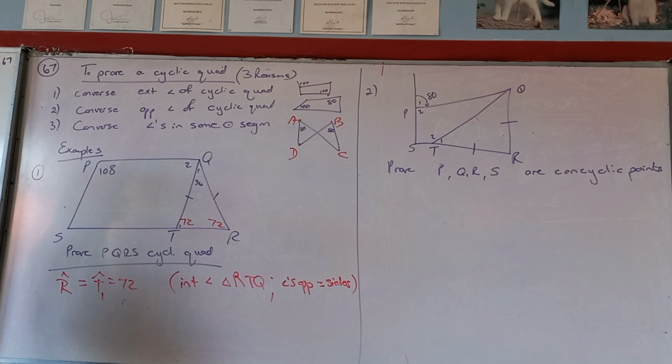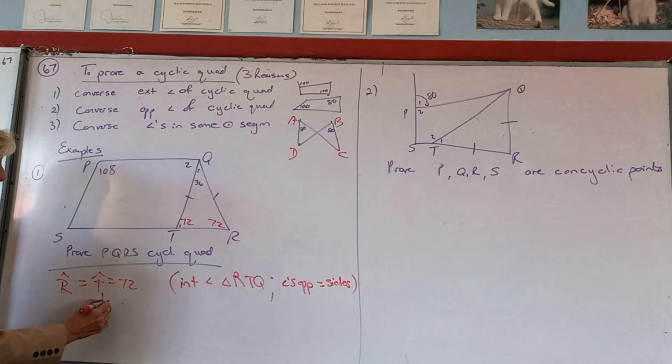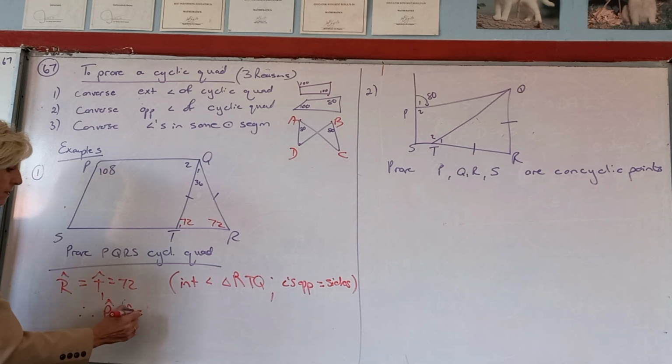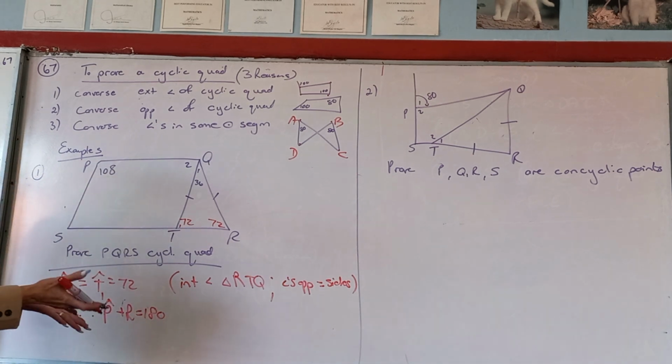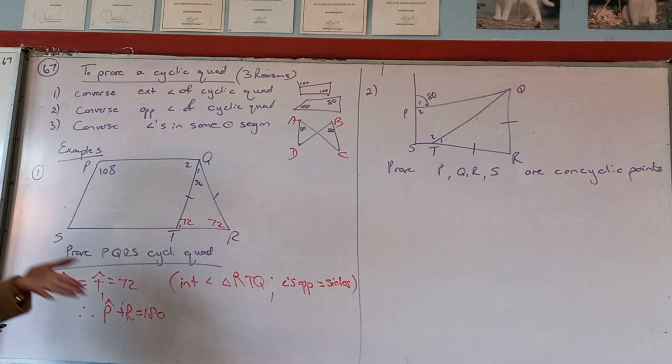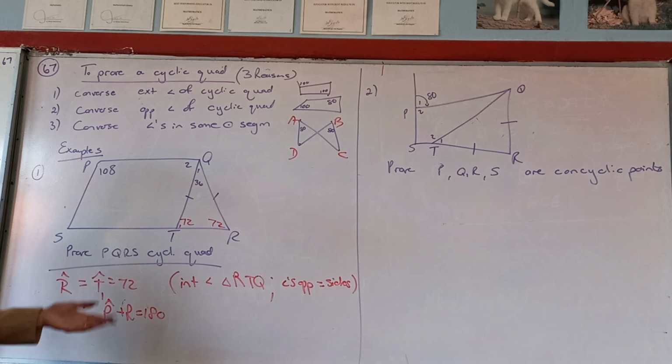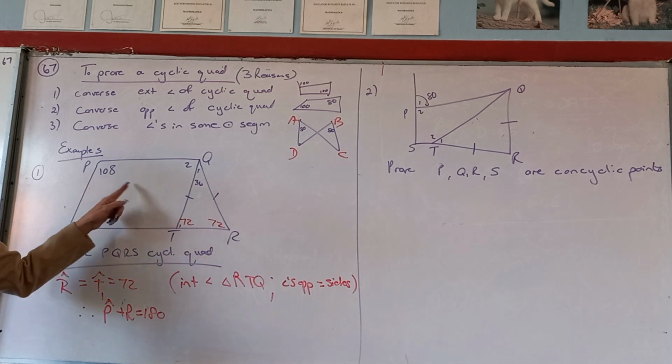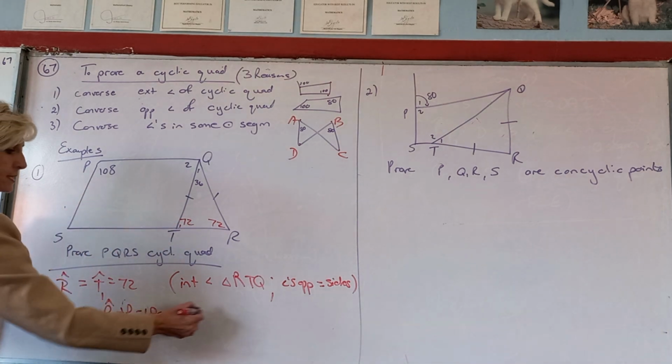Then what do you see? What do you see? I see that P plus R. I've got to tell them that. You don't have to show me how you added 108 and 72, but I see that they are 180. 72 plus 108 is 180. Reason?